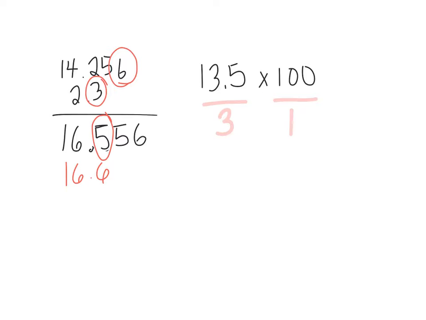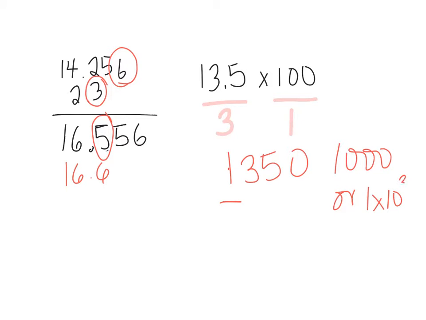Well, what is the answer when you multiply 13.5 times 100? 1,350. You can only have one digit in your final answer. So it's going to be 1,000 or 1 times 10 to the 3.